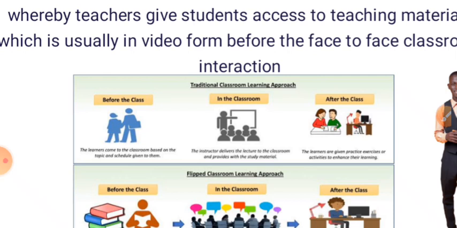So which means in the traditional classroom, the learners don't know anything about what they are going to be taught. They only come to class with the schedule and topic. Most of them don't even know the topic. They just know that okay, we're having maths by 10 o'clock. In the classroom, the teacher is the island of knowledge and gives them all the information they need. And then after the class, they go and do homework at home.